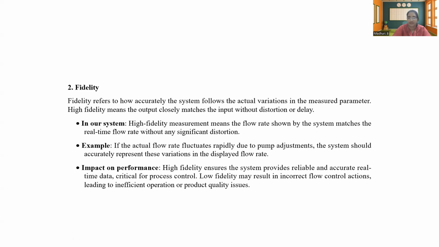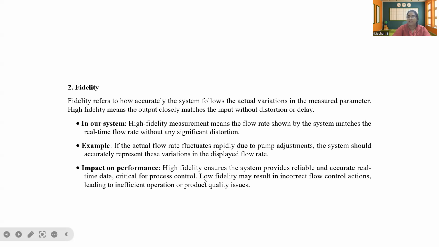Next comes the fidelity. If the system is able to measure and produce the values without any distortion or delay, then it is called fidelity. Fidelity refers to how accurately the system follows the actual variations. If due to pump adjustment the flow rate fluctuates, then the system should accurately represent these variations, whether slowly varying or fastly varying, in the readings.